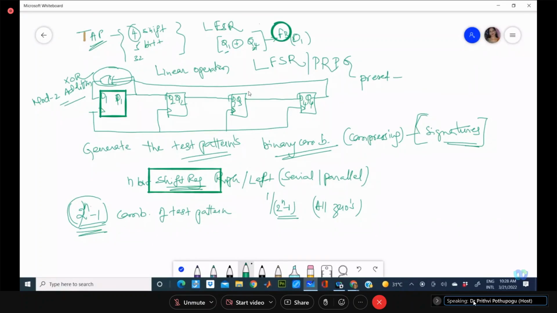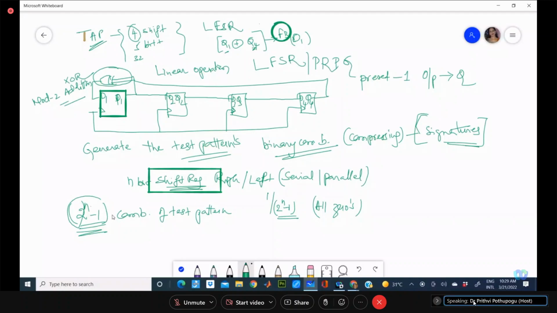If you remember, the pattern of generating the signatures earlier used a preset. We were presetting one of the flip-flop outputs and pushing that pattern along with this feedback parameter, so that we were able to get that 2 power n minus 1.